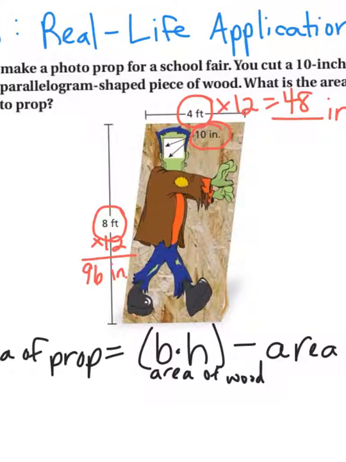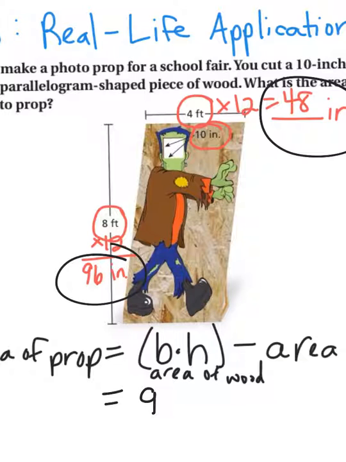So when we go to fill this in, when we are using the area and the base, we're going to remember to use the inches form right here. And then we're going to use this one right here. So we'll put in 96 times 48, or 48 times 96, doesn't really matter.